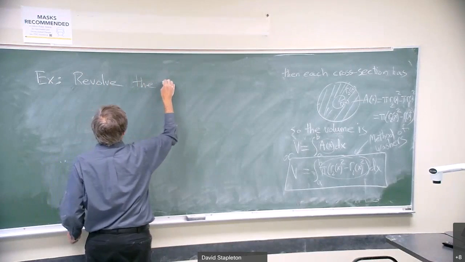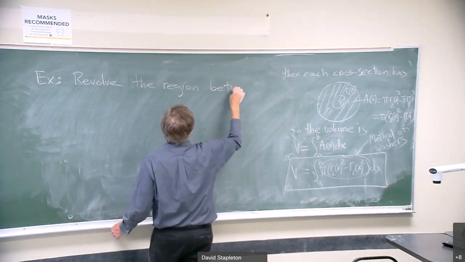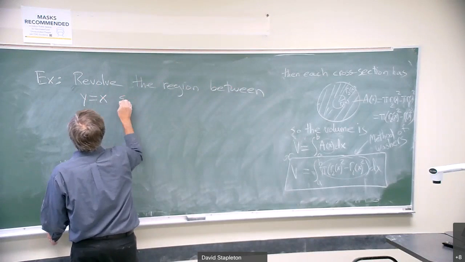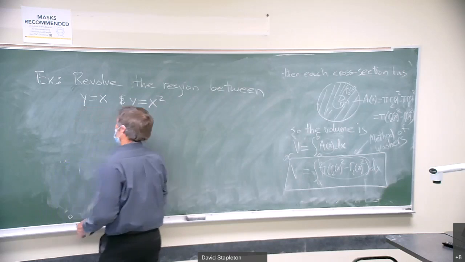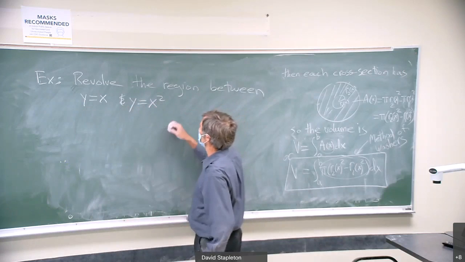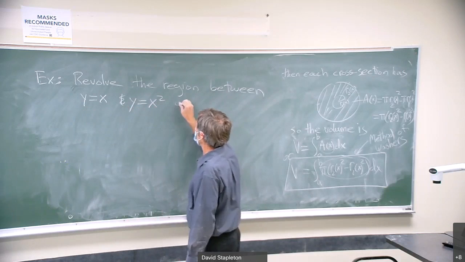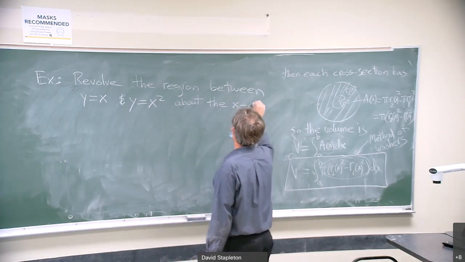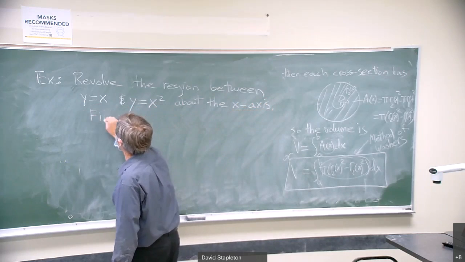Revolve the plane region between y equals x and y equals x squared, just like we had in that other example, except we made square bases with that. This time we're going to make washer cross sections. Revolve the region about the x-axis to generate a solid. Find its volume.